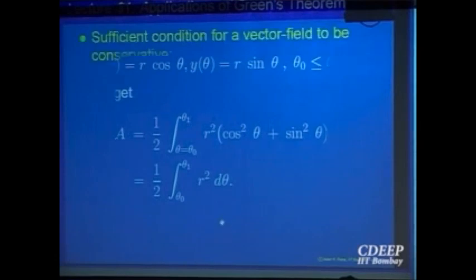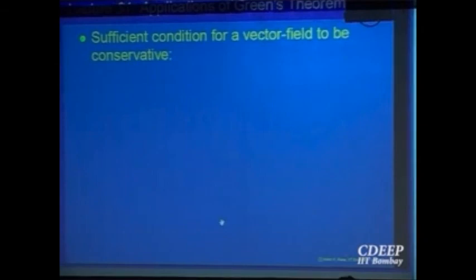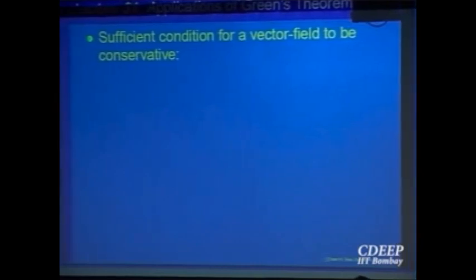Now, I said when we were proving the fundamental theorem for line integrals, that the line integral is independent of the path joining two points. A necessary and sufficient condition is curl f equal to 0, provided your domain is simply connected. I said we will not prove that theorem now, we will prove it later.